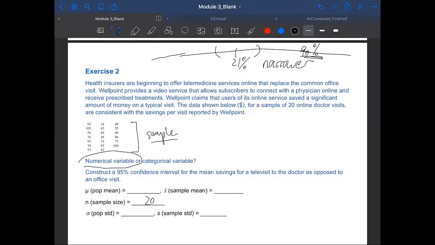We don't have the population. Typically, if you were in my in-person, face-to-face section, on day 1 I would definitely draw many circles. The population is a much bigger circle compared to the sample you selected. So this is your sample.